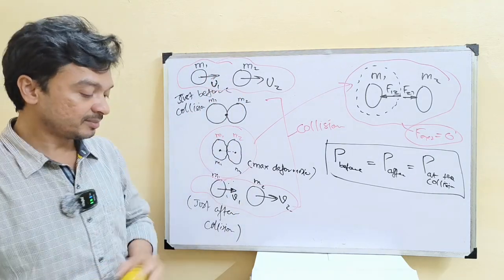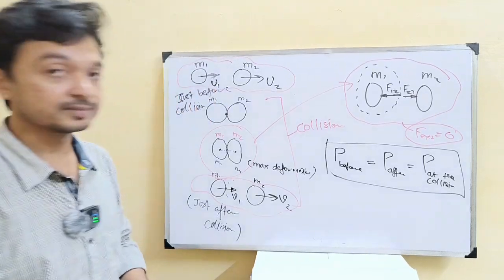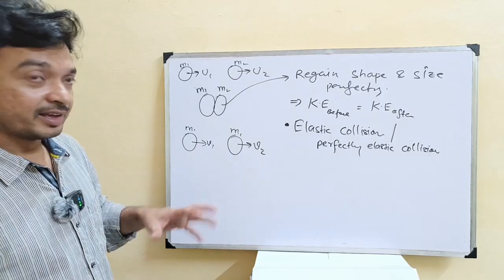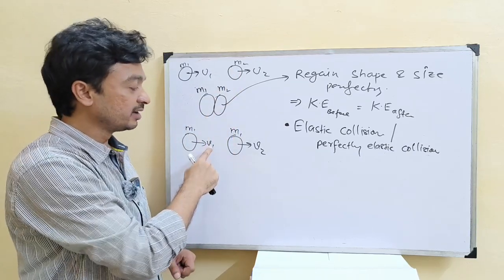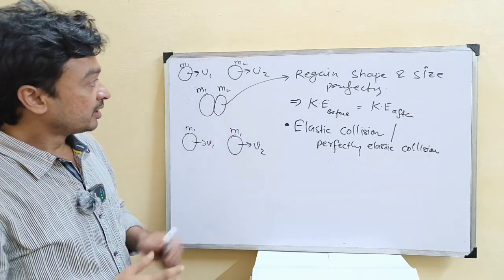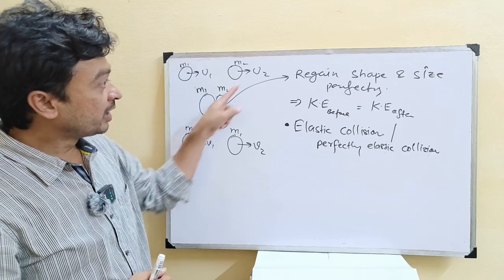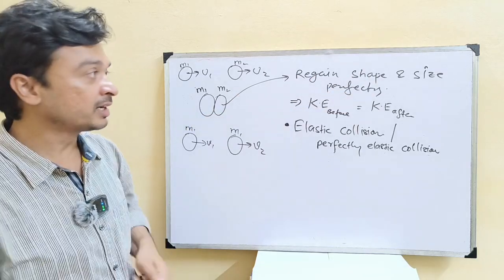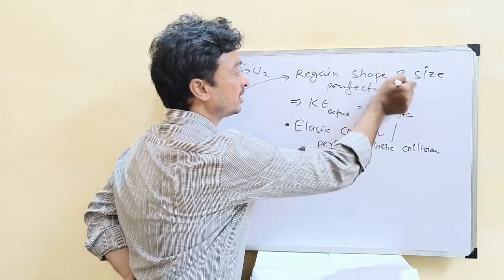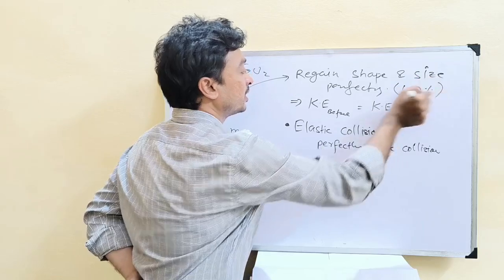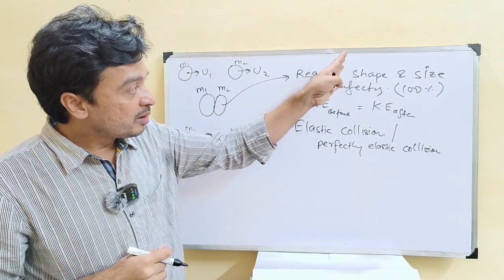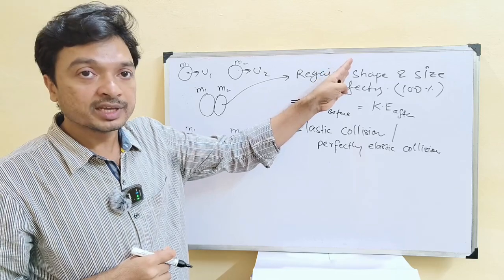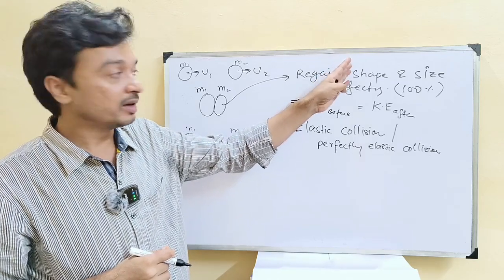Okay, now let's see briefly. Now see, this is the condition before collision, at the time of collision, and after collision. If the body regains shape and size perfectly, that means there is a 100% gain of shape and size, right? That means there is no gain in potential energy or deformation energy, right?